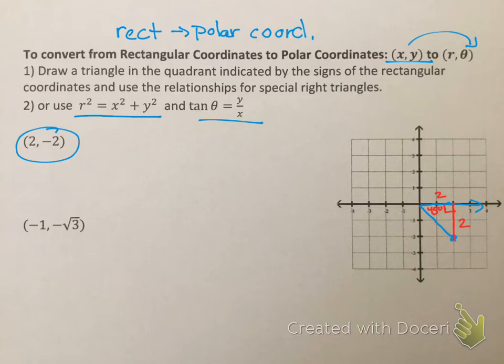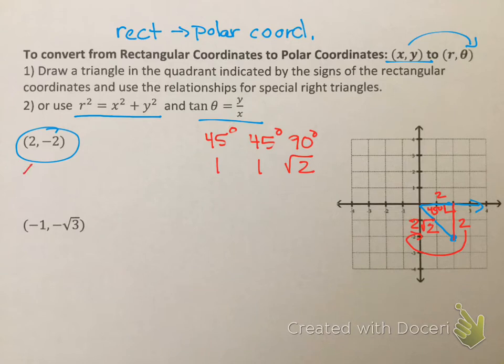I know the relationship between 45, 45, 90-degree triangles is 1, 1, square root of 2. So I just need to take this leg and multiply it by the square root of 2, and that will be my hypotenuse of my triangle, which will be my distance. In other words, my r.